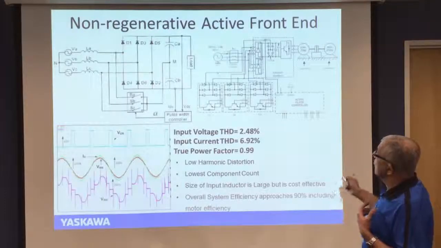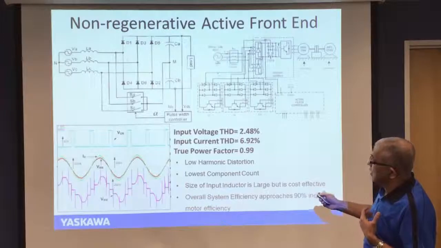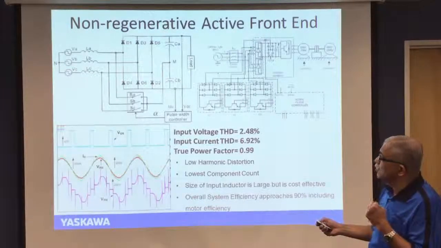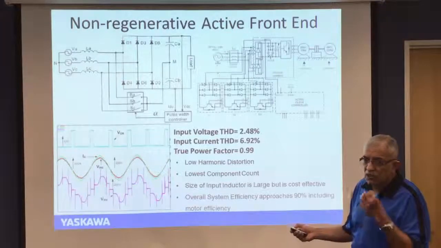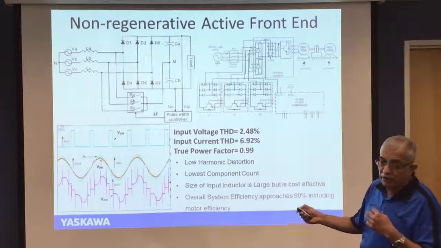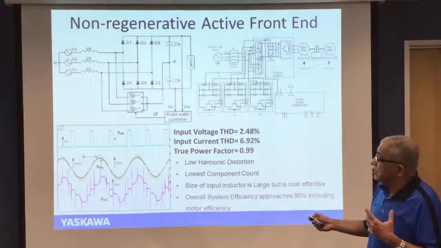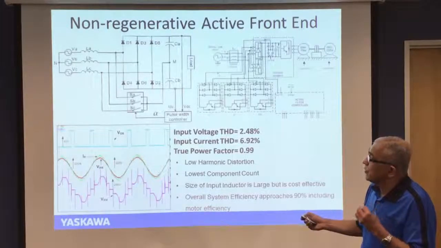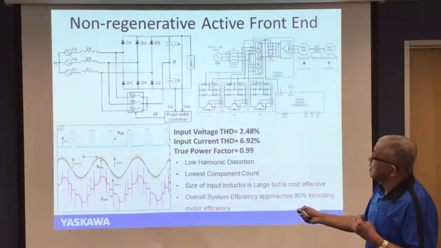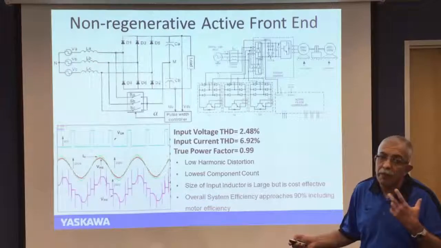But it is very cost-effective because we do not use multiple switches. We just have 3 bidirectional switches and a 20% or 25% input inductor. This switch is rated only for 30% of the actual current which is needed. It is in shunt. It is not carrying the bulk power.